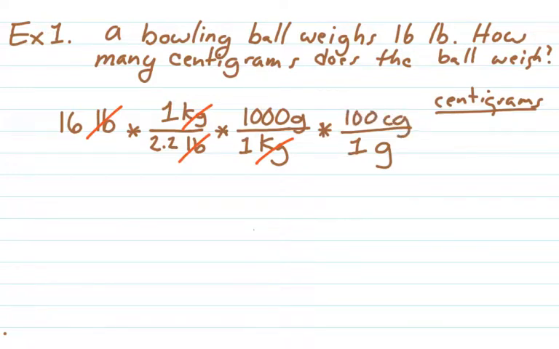And now we can cancel out the gram unit. And we're at centigrams, right? So every other unit is crossed off except for the centigram unit. So that's what the unit of our problem is going to end up being in. And now I can just multiply all this out and see what I get. So 16 times 1,000 times 100 divided by 2.2.